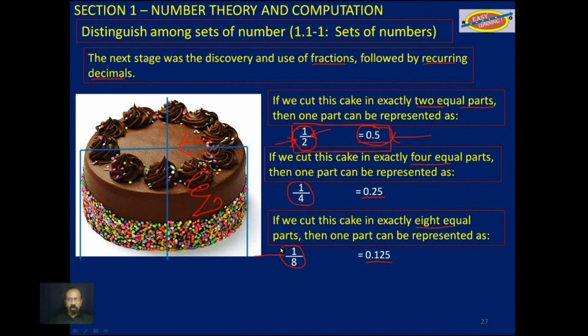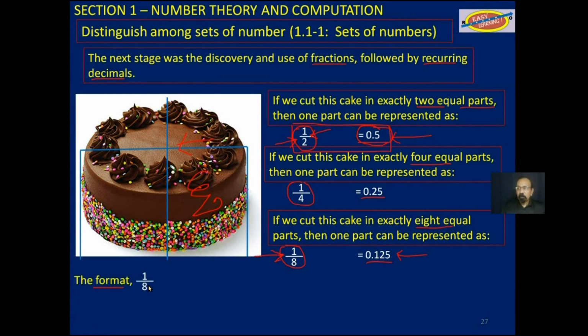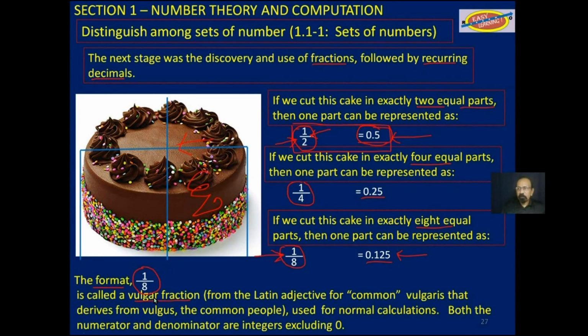Now, both of these, as I said, are fractions. This one here is called a vulgar fraction, and this one is called a decimal fraction, even though that's not what we normally call them. Now, the format 1 over 8, or 1 over 4, or 1 over 2, is called a vulgar fraction from the Latin word vulgaris, meaning the math that the common people use.